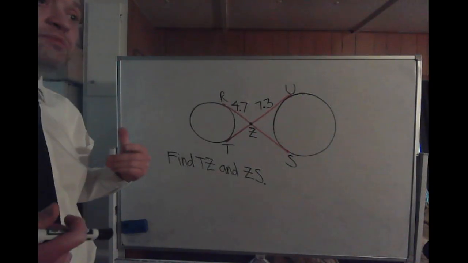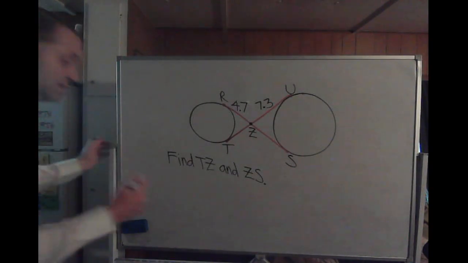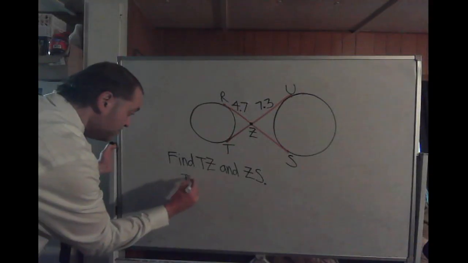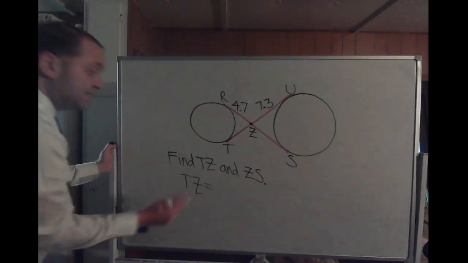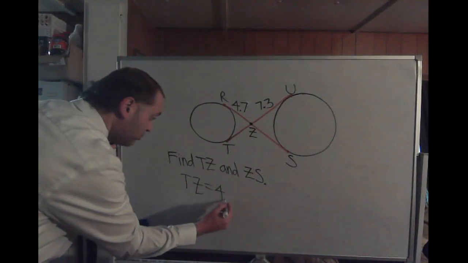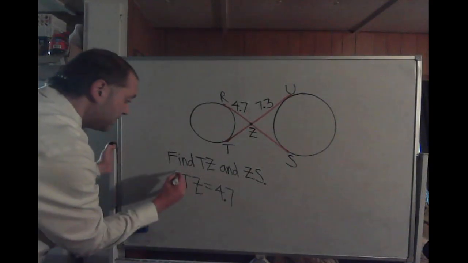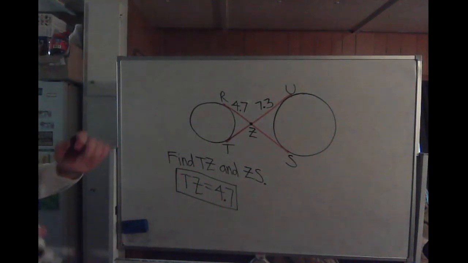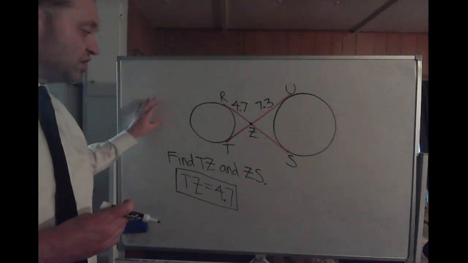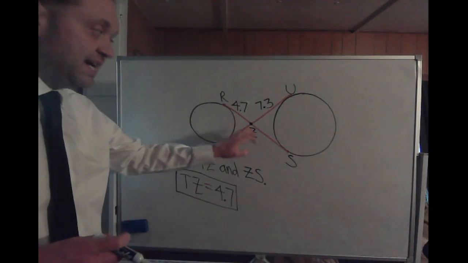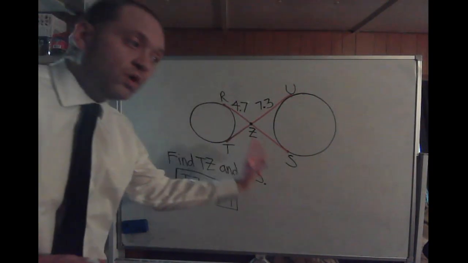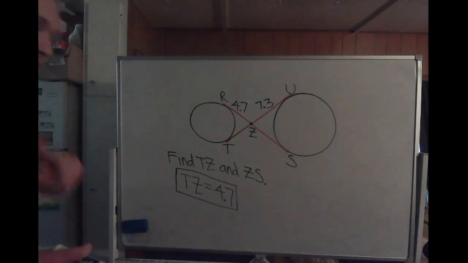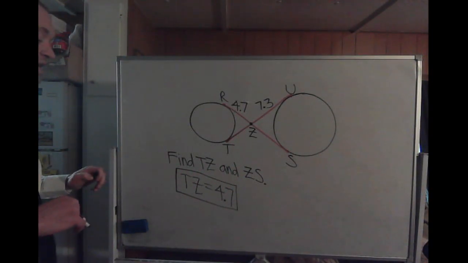If they originate from a single point, they're congruent. So that's going to mean TZ would also have a length of 4.7. So when you have internal tangents, it's good to just consider where the tangents meet and then focus on one circle at a time. That is your best way to beat these.